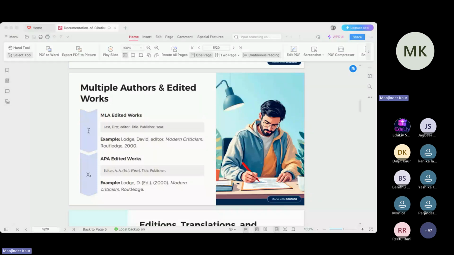So please keep in mind, I am just giving you a brief preview of basic formatting. Later on, MLA also has so many editions. At the moment, people are following the 9th edition. APA also has many editions.